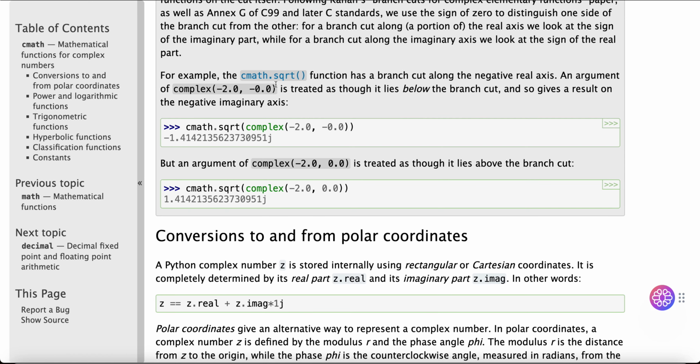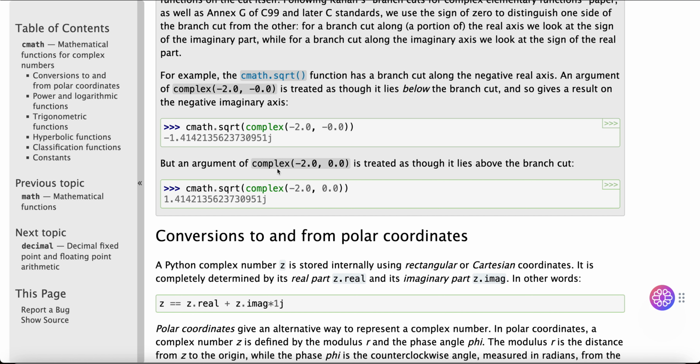For example, the cmath.sqrt function has a branch cut along the negative real axis. An argument of complex(-2.0, -0.0) is treated as though it lies below the branch cut, and so gives a result on the negative imaginary axis. cmath.sqrt(complex(-2.0, -0.0)) gives -1.4142135623730951j.